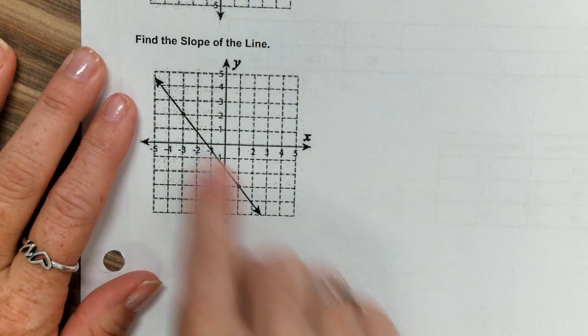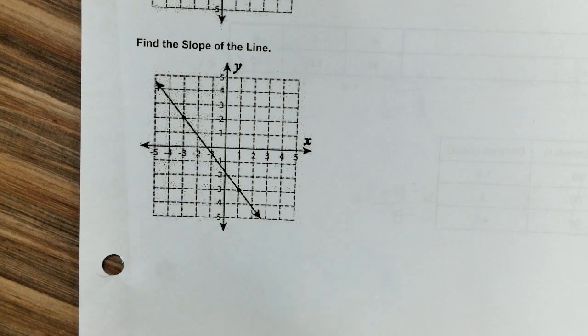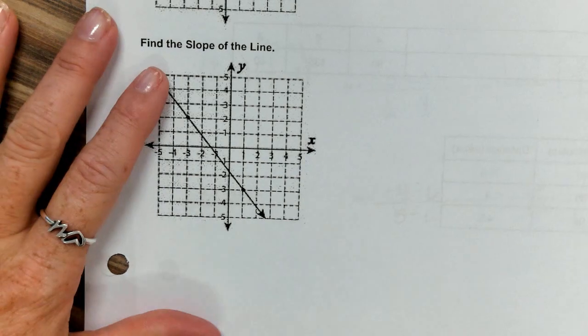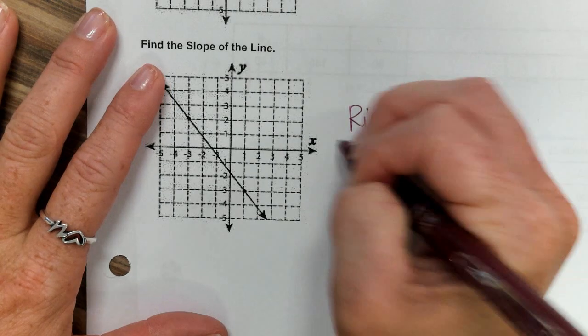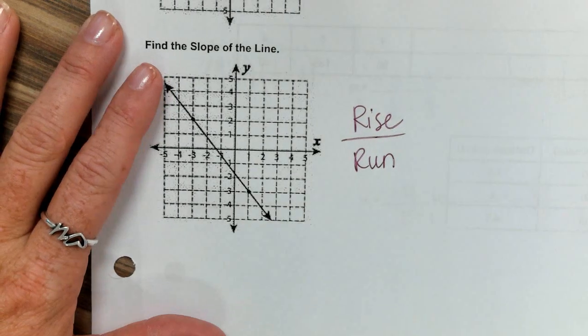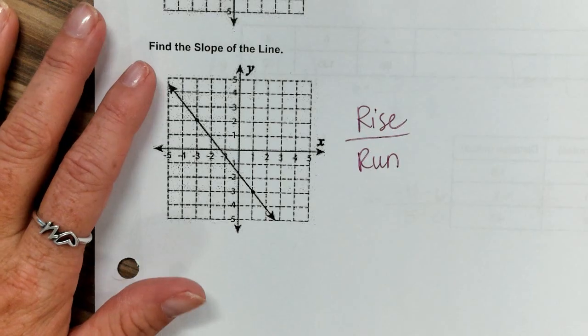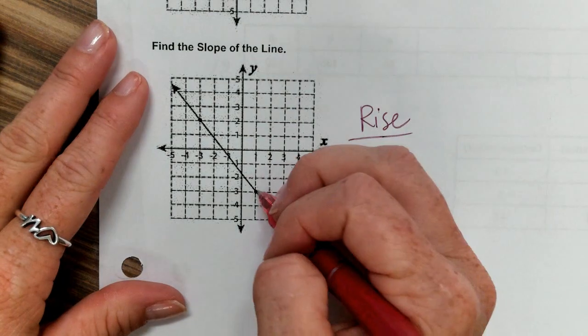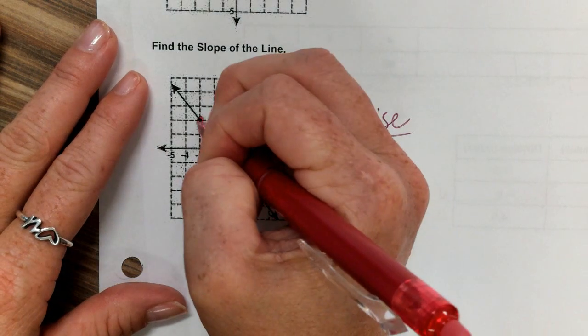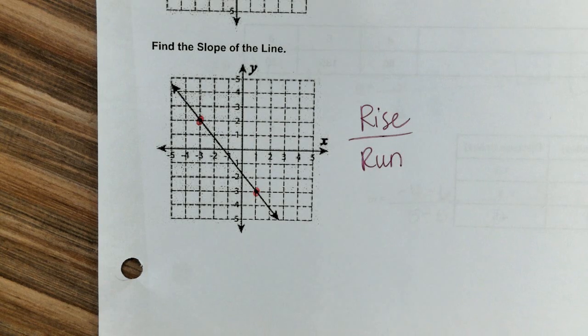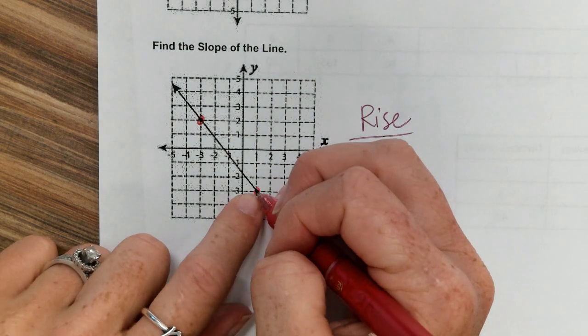Just look at this line. What kind of slope is it? Negative. So we need to make sure we get a negative. I need to do a rise over a run. Pick your two dots, which they gave it to you. Does it matter which dot I start with? No. Pick one. I'm going to start at this one.